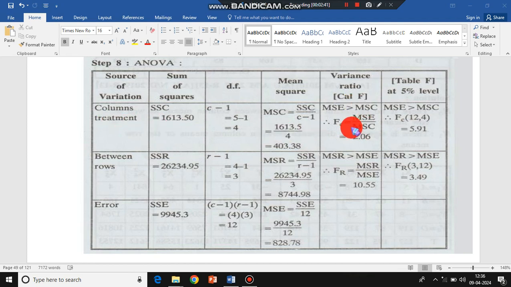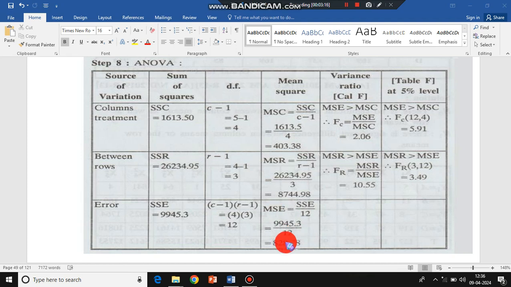Now come back here to our discussion. The MSC value in this particular case is 403.38. Now what is MSE? MSE is 828.78. Now let us compare these two, MSC and MSE.